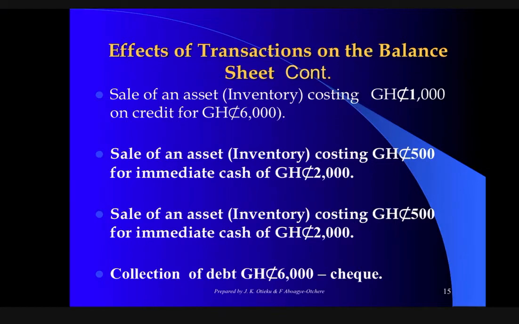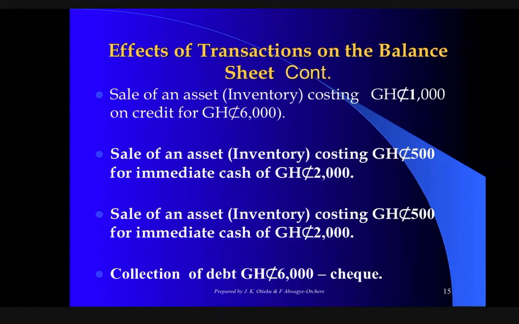Is it an asset? Is it a liability? Is it an equity item? Using the definitions that we've already spoken about. Then once you've done the classifications, you ask yourself, have there been increases or decreases in these items we are talking about? Then you use that to show the effect on the balance sheet.